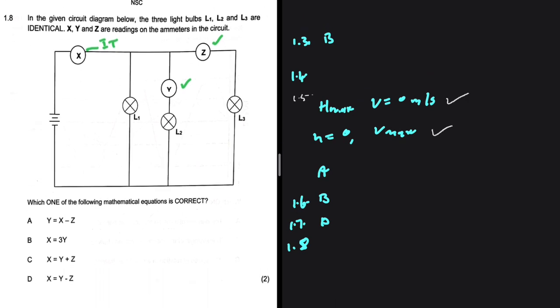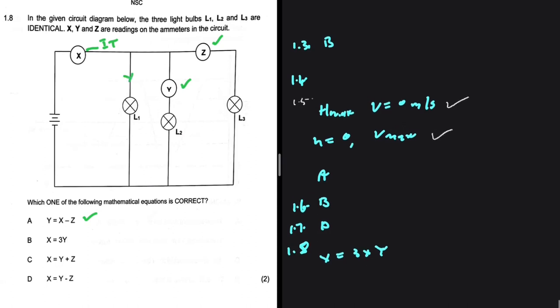Let's look at what makes sense. A says that the reading on Y is equal to X minus Z. Well, that is not true. The reading on Y can be equal to X minus 2Z, not X minus Z. And B, the reading on X, the total current, is equal to 3 multiplied by Y. Here on this path we have Y, here on this path we have Y, and here on this path we have Y. Z and Y are equal to each other.